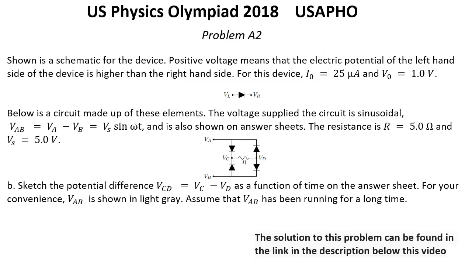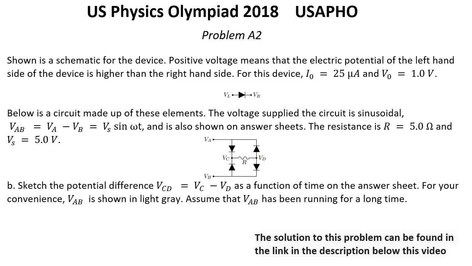The voltage supplied to the circuit is sinusoidal. VAB equals VA minus VB equals VS sine omega t, and is also shown on the answer sheets. The resistance is R equals 5 ohm and VS equals 5 volts.